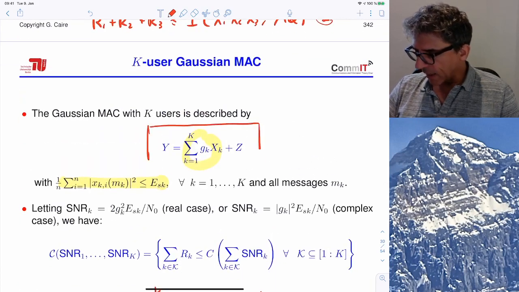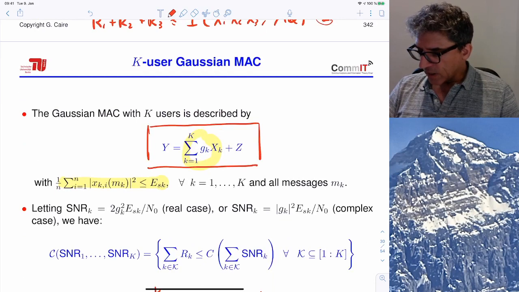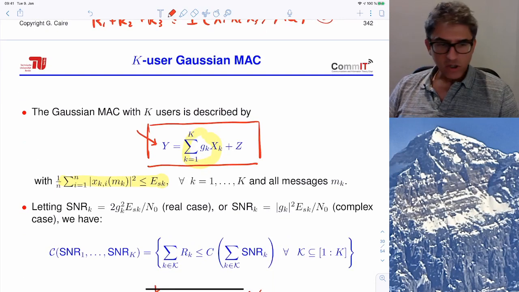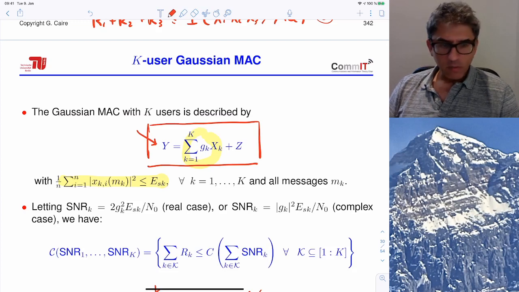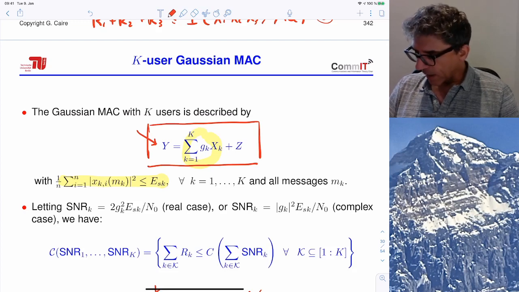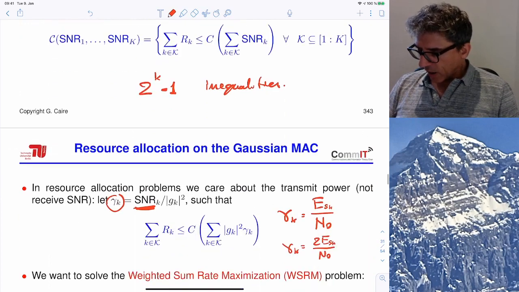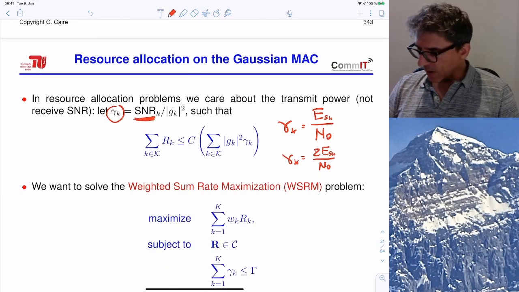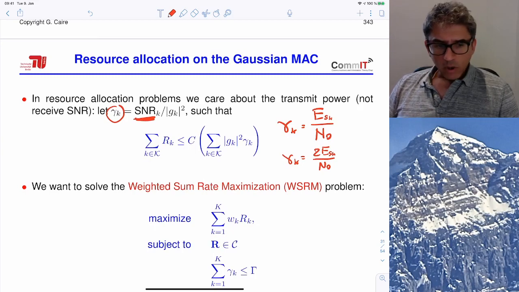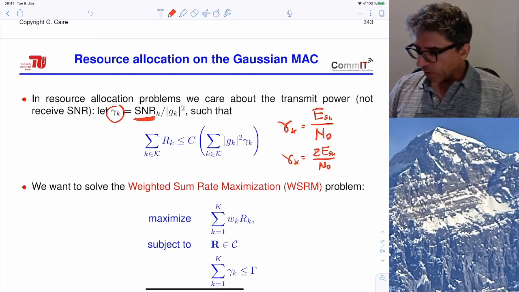A scaling of the received signal does not change the capacity, and therefore we can always rescale the noise variance to be 1, and therefore the energy per symbol becomes this gamma k. So resource allocation means allocating the energy per symbol, so this gamma k, in order to operate at a given point of the rate region.